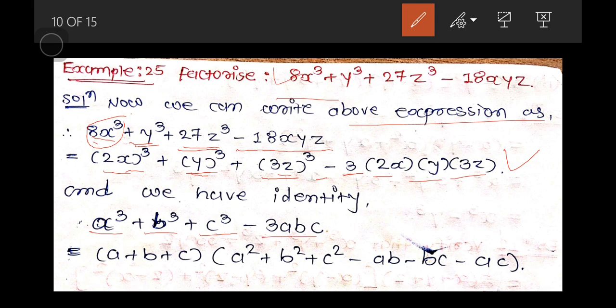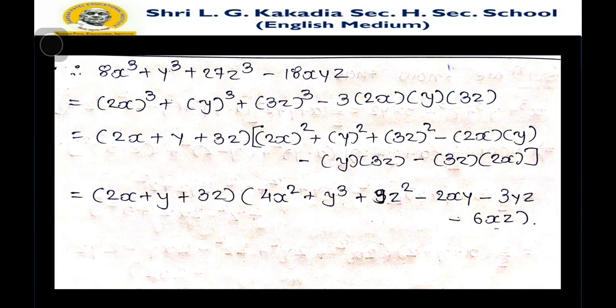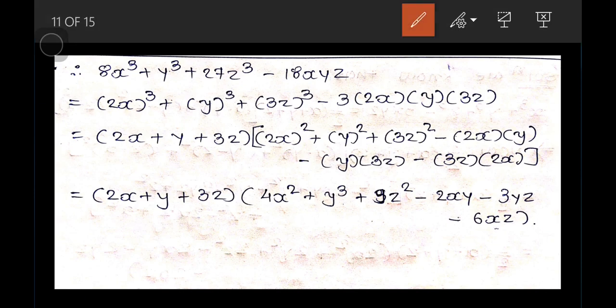So we can write the factorization as (a plus b plus c) into in bracket a square plus b square plus c square minus ab minus bc minus ac. So we can consider a as 2x, b as y and c as 3z. We put these values in identity number 8 and we get the form as given here.